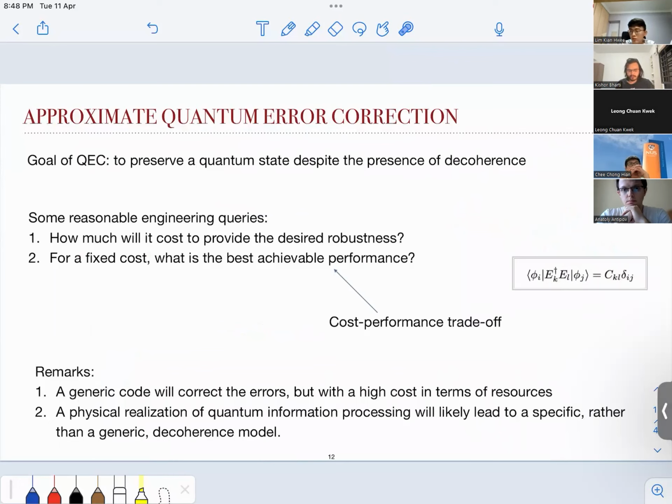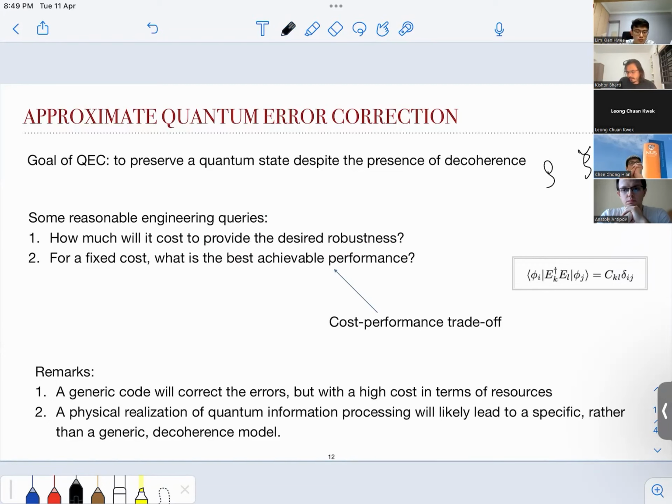But let's look at it in more detail. The goal of quantum error correction is to preserve a quantum state despite the presence of decoherence. But then somebody could ask, how much will it cost to provide the desired robustness? Let's say I start with some state rho, and after correction and everything, I get a rho tilde.